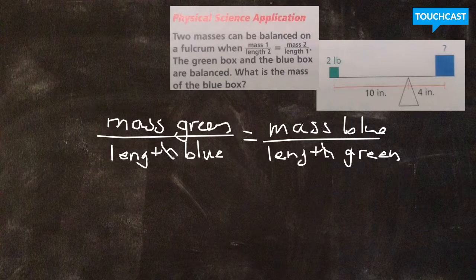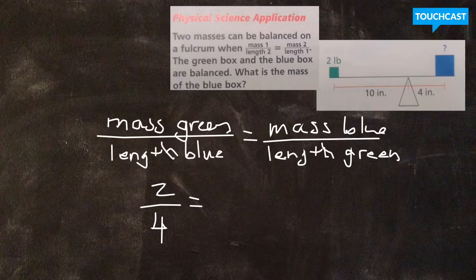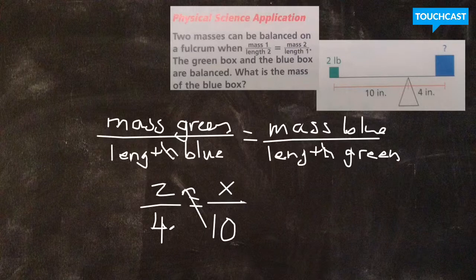So now we can plug in numbers we know. We know the green box is 2 pounds, and the length from the blue box is 4 inches. We don't know the mass of the blue box, so we can represent that by x, and put that over the length of the green box, 10. So now we'll use cross products. 10 times 2 is equal to 4 times x.